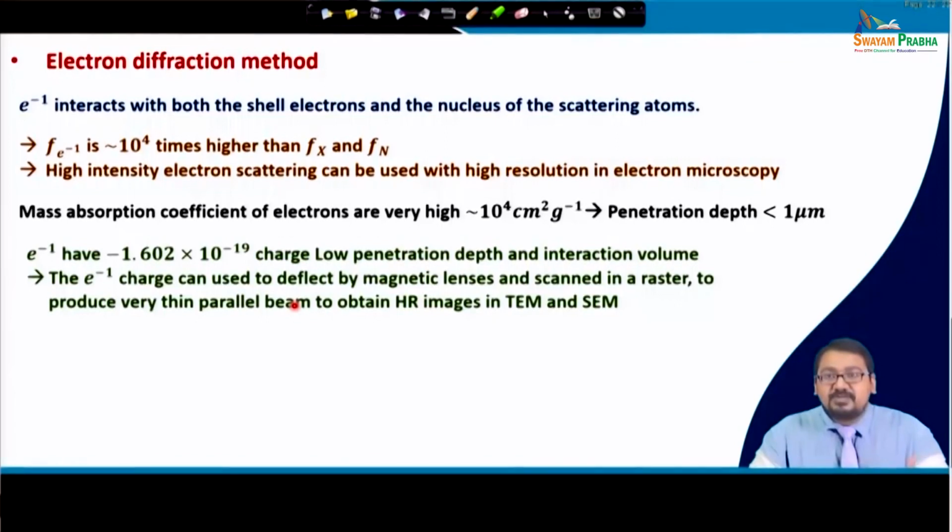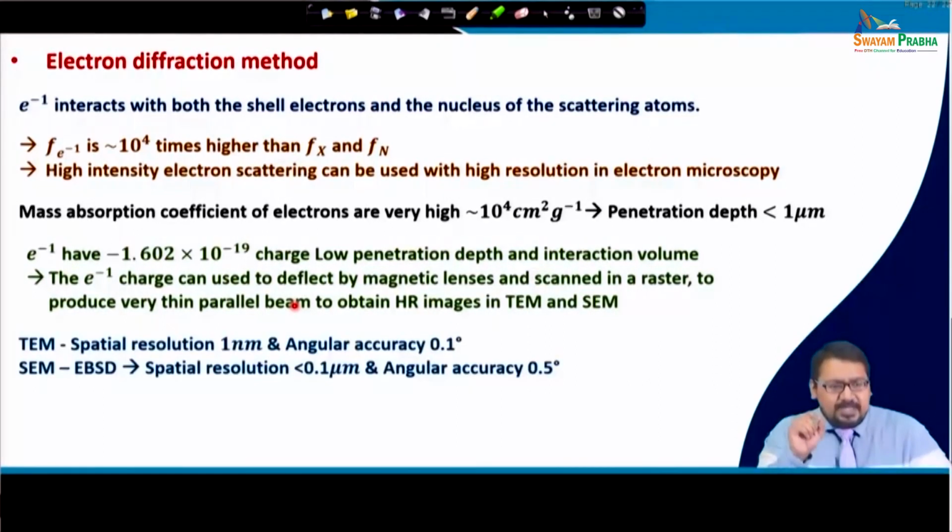So TEM is mostly used for higher resolution images than the ACM basically, because ACM is in reflection geometry and its resolution decreases because of many geometric factors, whereas in the TEM we have the direct beam, where the resolution can be kept at a much higher level.